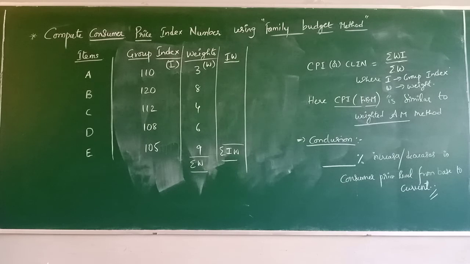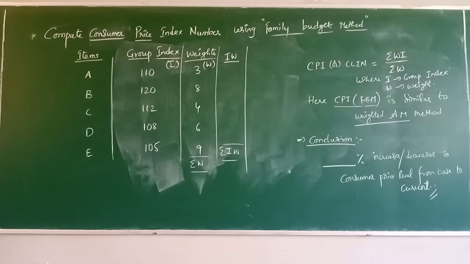Therefore, after calculating IW, the total has to be calculated, the sum of IW, and then substituted in the known formula, that is CPI equals summation WI by summation W. Very simple. Instead of the P calculation, the price relative, here the group index I is directly given.